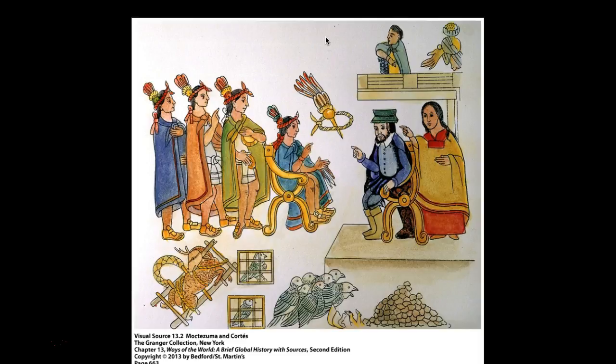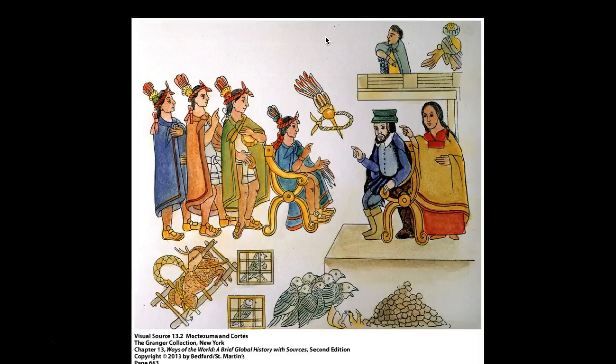On the bottom, it's very likely that there were gifts or tribute being exchanged, and the direction of the animals, they're all pointing towards Cortes. So it almost seems as though Moctezuma and his men are providing tribute to the new potential ruler. Surrounding Cortes is this huge sort of pedestal, and Moctezuma is sitting on a throne, as is Cortes, but Cortes and Doña Marina are on this big platform.